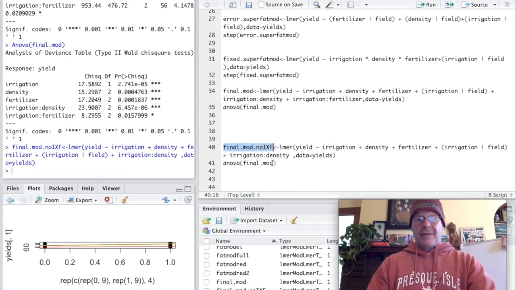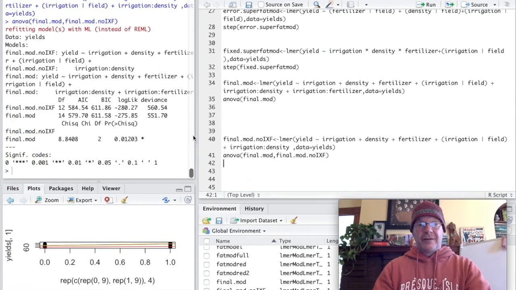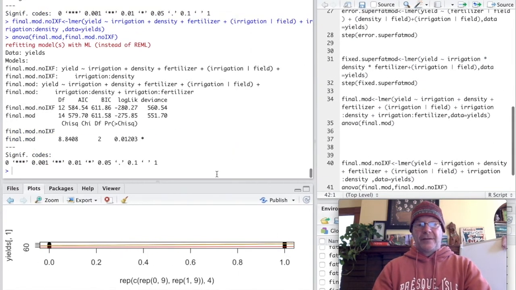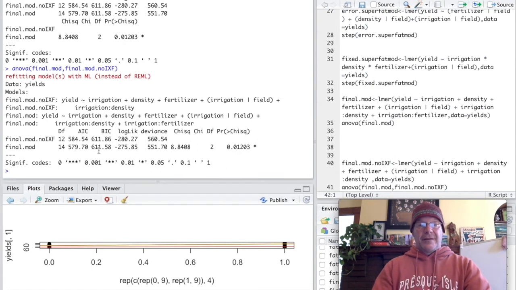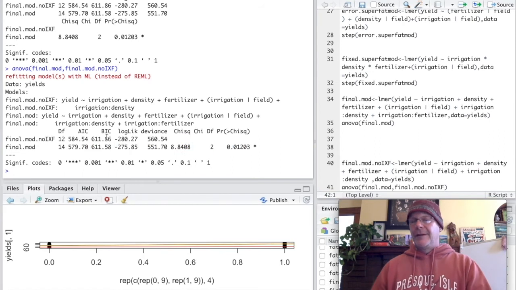And now if I were to use the lowercase ANOVA function and give it two models, it will know that we want to do a likelihood ratio test. And what's that telling us? It's telling us that the full model, the one that includes the interaction term, is significant. So that's its way of telling us that it's a significant interaction term.